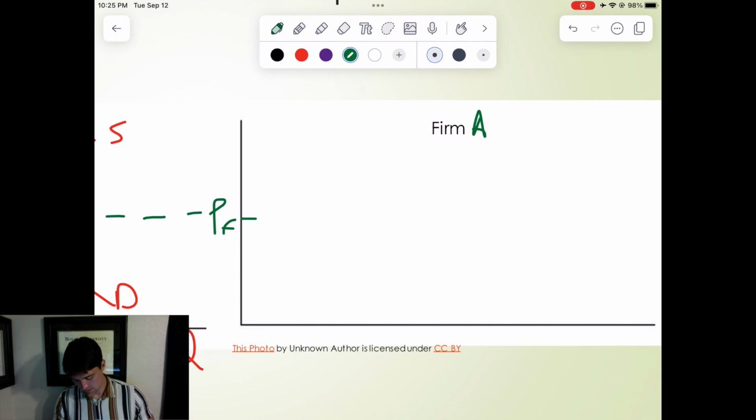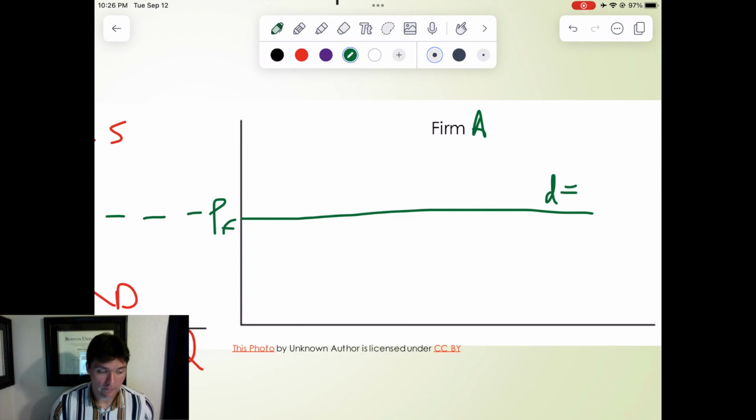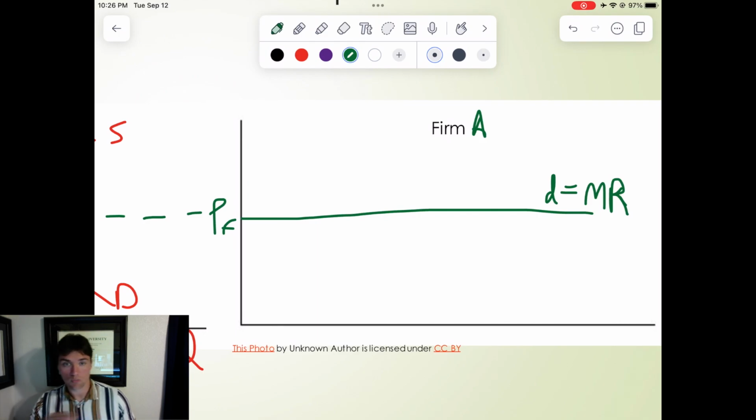So that's your demand. So your demand for your firm is a horizontal line. Now, what we're going to find out is that this is also your marginal revenue. So not only is that your demand curve, but it's also your marginal revenue.